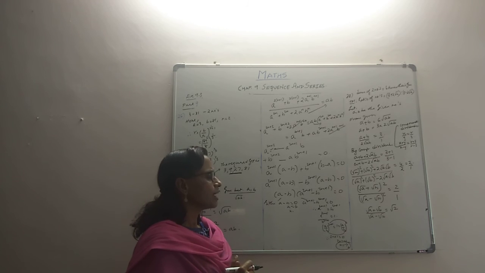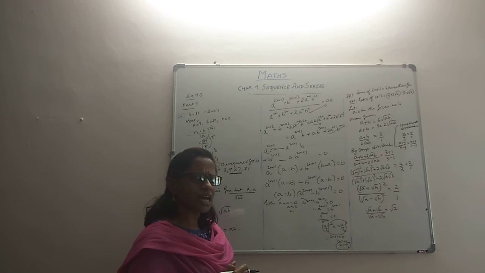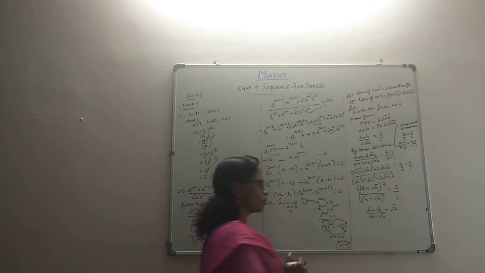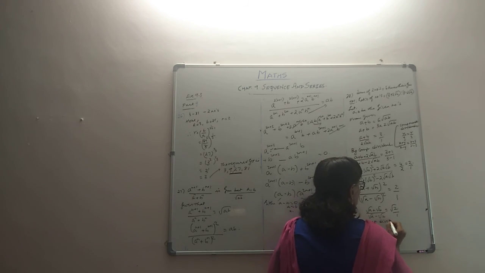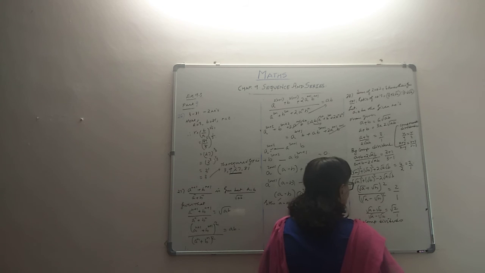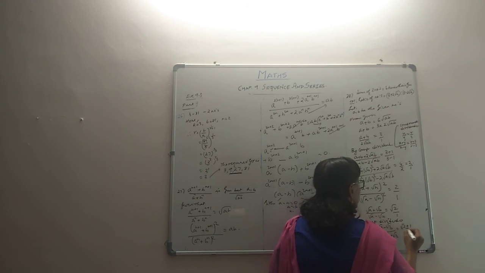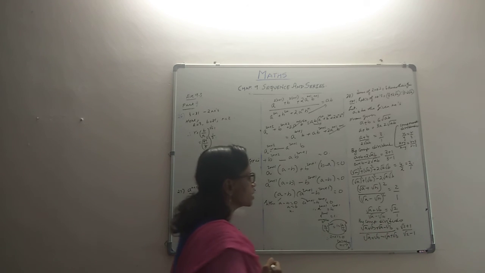Now having got this, we will try once again componendo dividendo. Let's see what happens. Numerator plus denominator, then numerator minus denominator. Please look at the change of sign. Numerator plus denominator, numerator minus denominator.